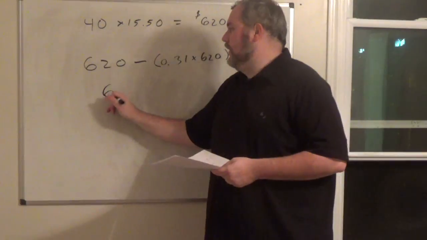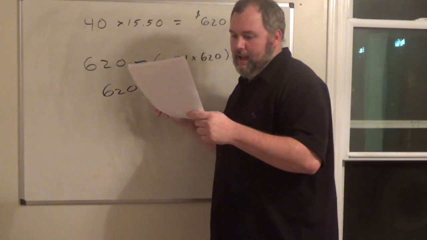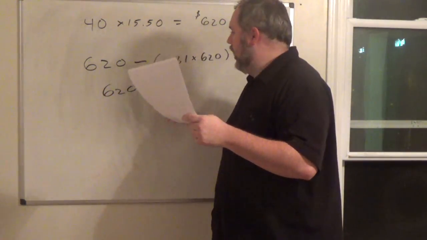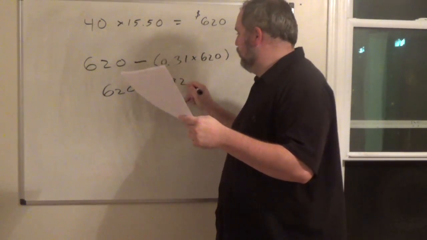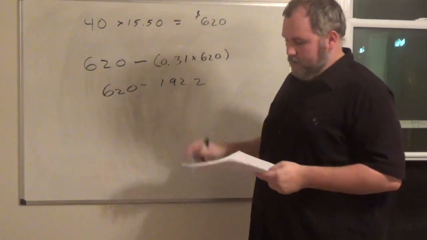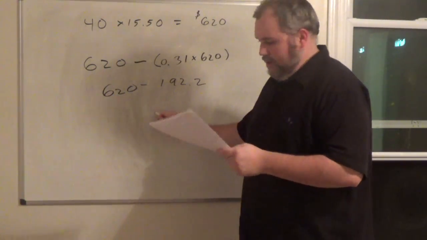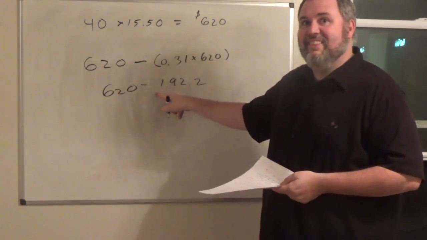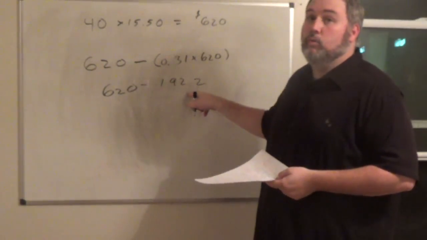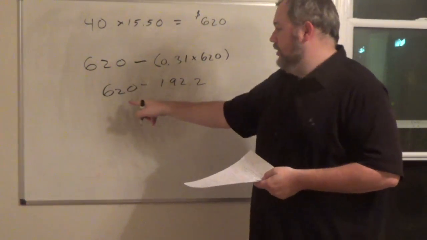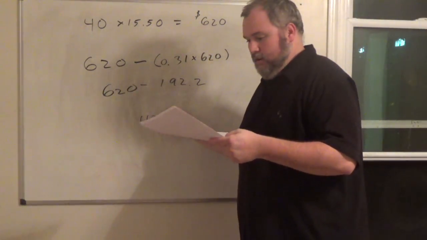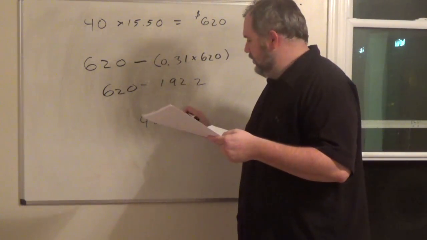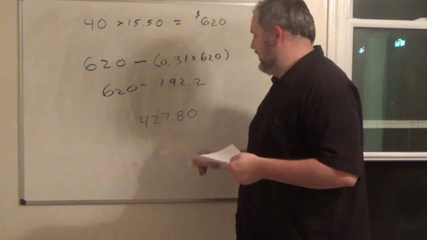When I do, I get 620 minus 192.2. Just make sure you understand this 192.2 is what they're taking out in taxes. So when I physically subtract this out, I only get $427.80.